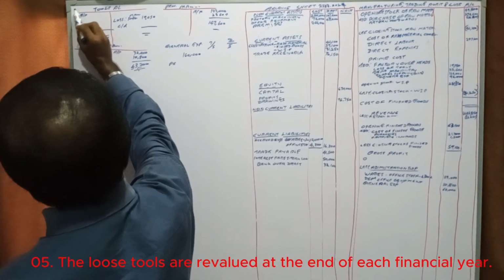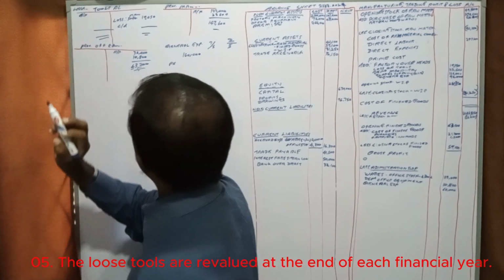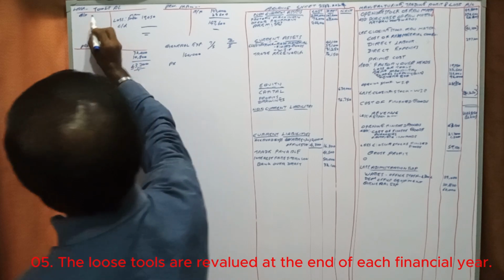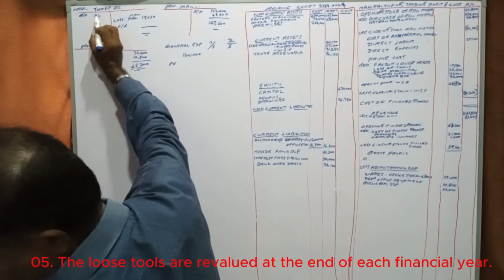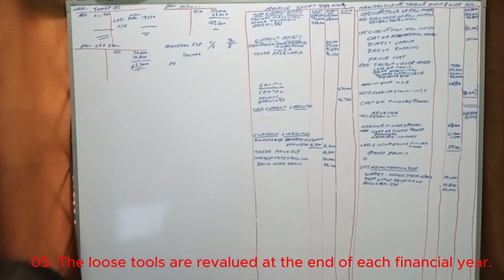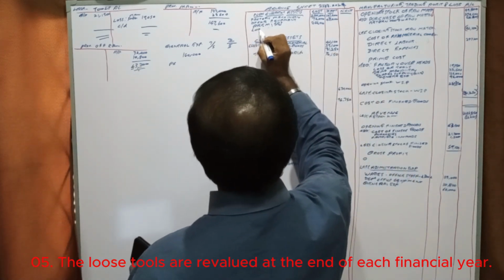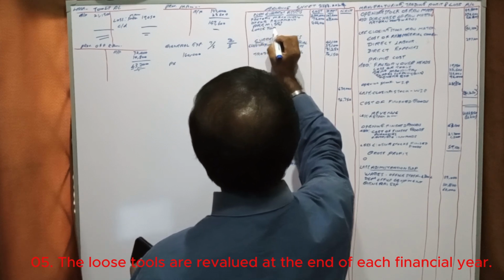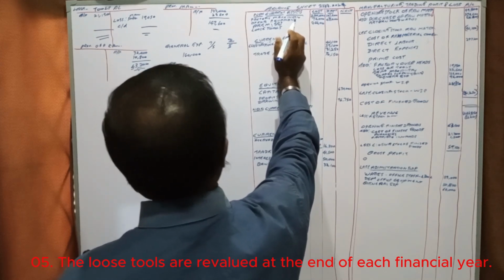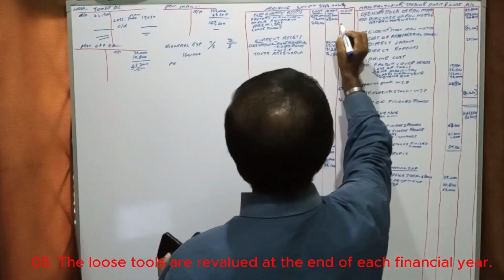Loose tools, right? Loose tools at valuation 21,150, right? We had to say loose tools 19,050.